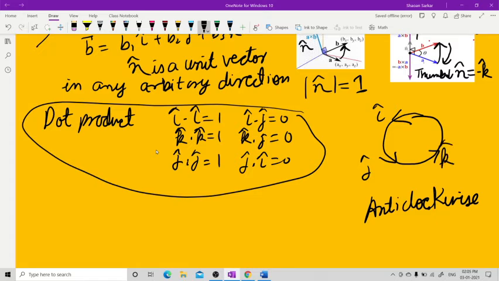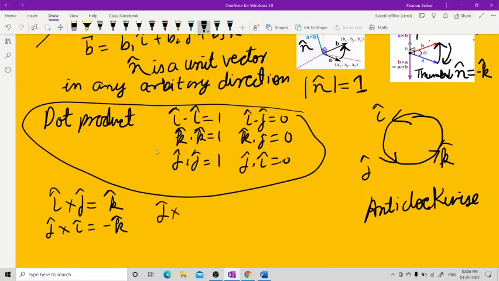Now the point is, how would you find i cross j? i cross j would give you k cap, but j cross i will give you minus k cap. If you go clockwise, it will give minus. If you go anti-clockwise, it will give you plus.